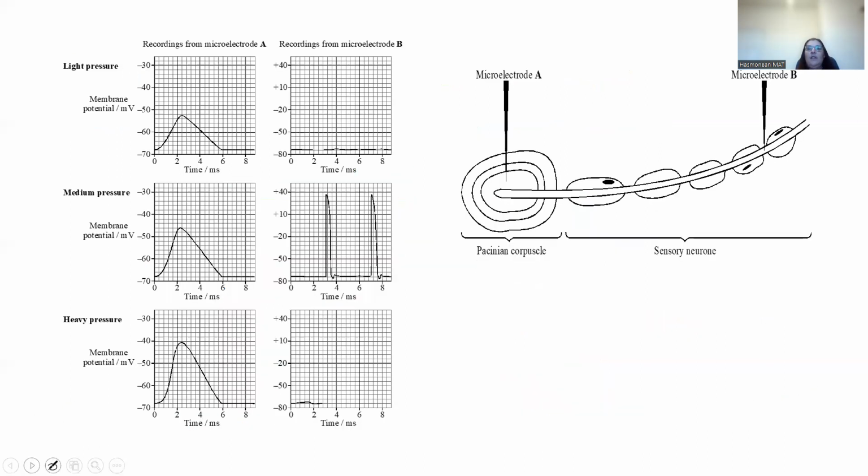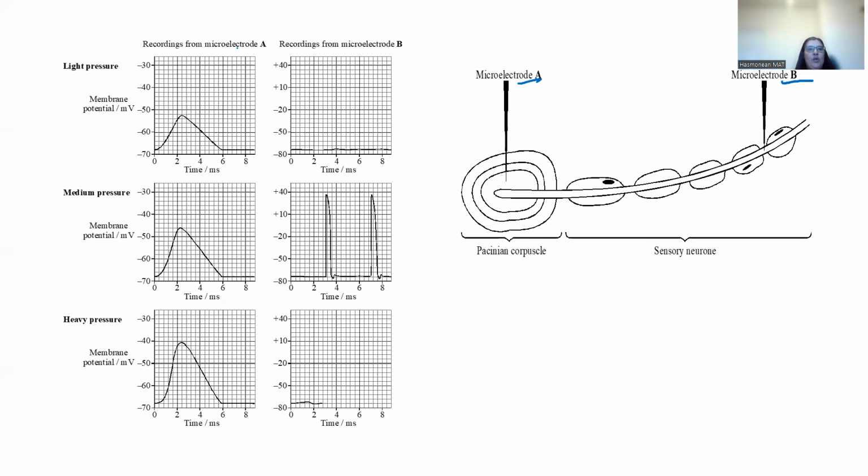So we have here a neuron in which we have microelectrode A and then microelectrode B over there. Okay, those are measuring the potential difference of the membrane potential. So in microelectrode A, we're looking for a generator potential. Microelectrode B, we're looking at the actual action potential within the sensory neuron.